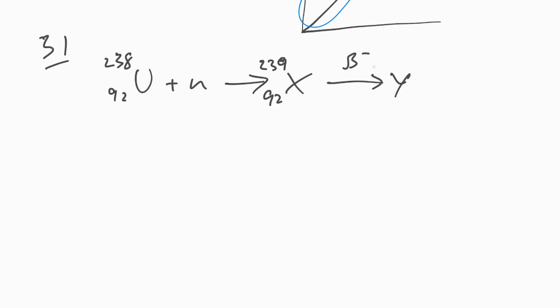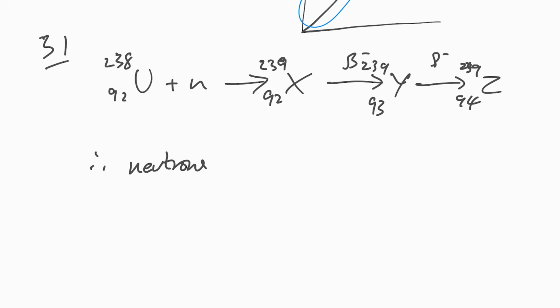So if that's the case, then it ends up being 93 because we're gaining a proton, but the number of nucleons stays the same. And then same again when it comes to Z. So that's going to be 239 yet again and 94. So therefore the number of neutrons is just going to be the mass number take away the number of protons, and that gives us 145.